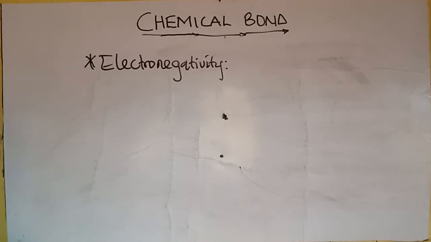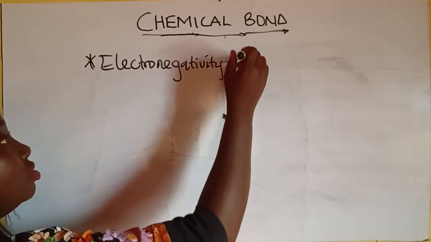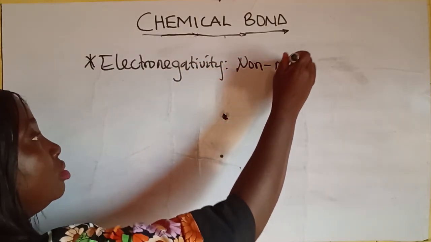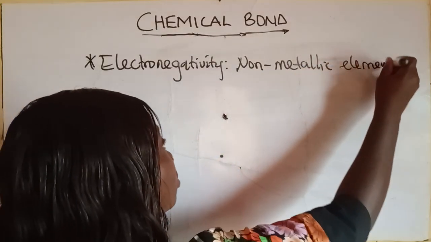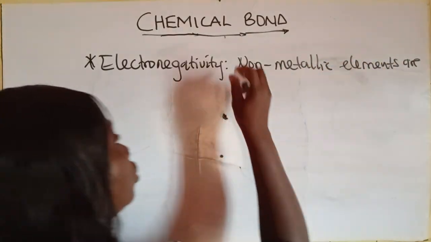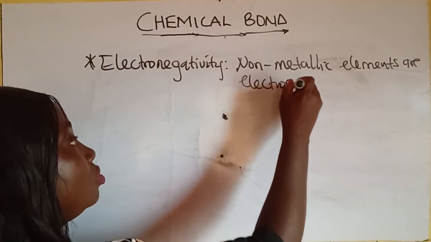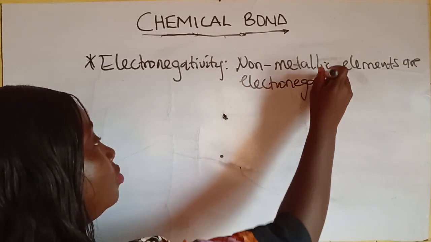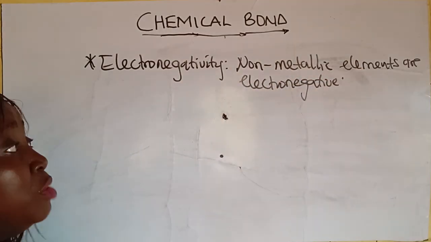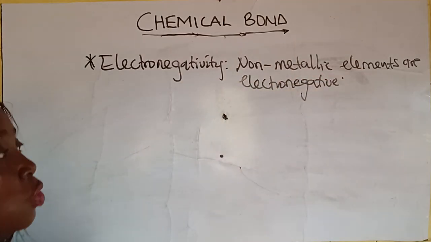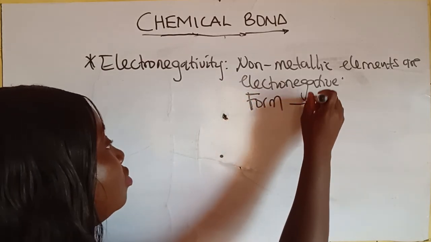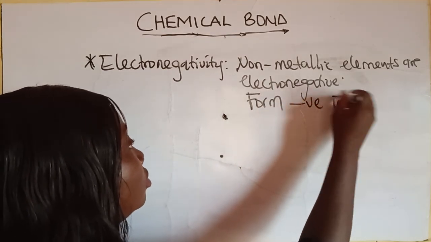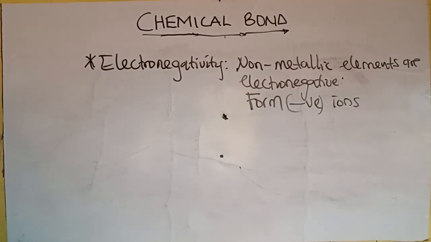And all non-metallic elements are electronegative, which means they have the ability to attract electrons to themselves, and when they do so, they form negative ions.